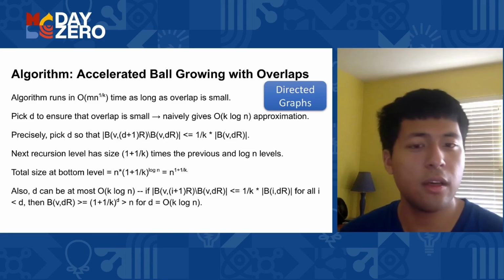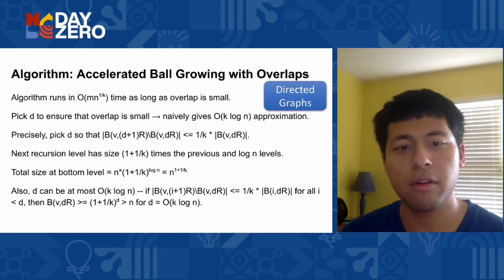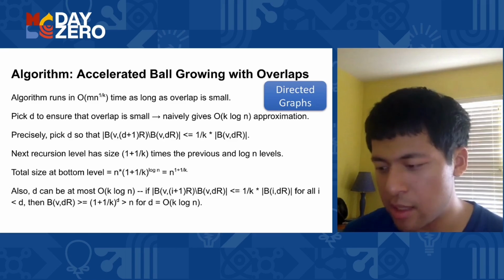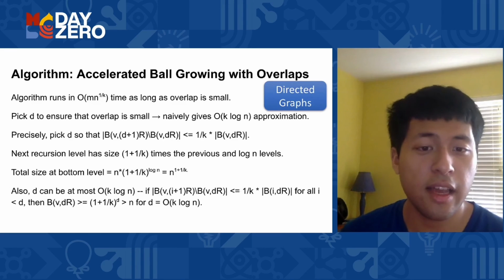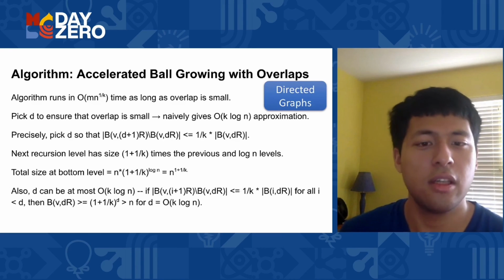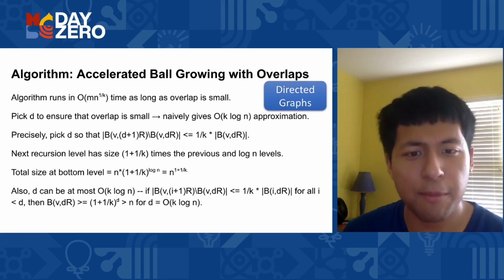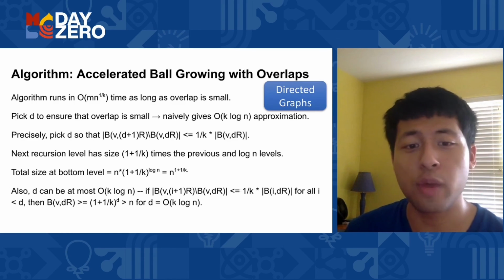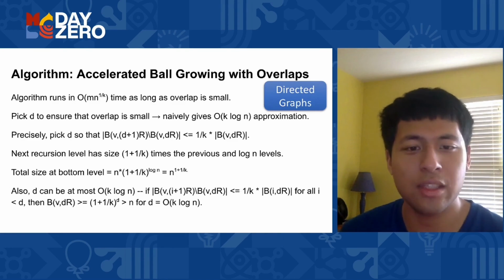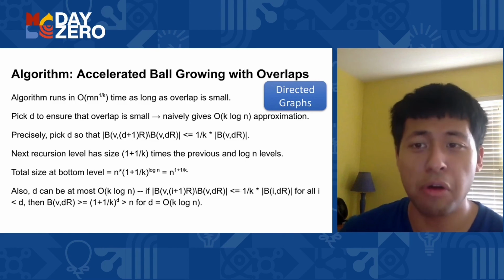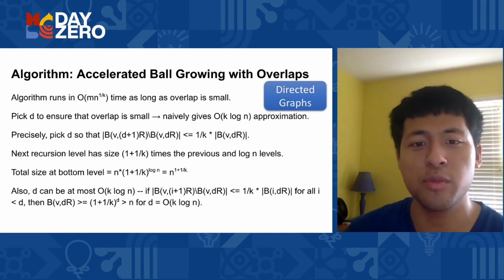And finally, to get the quality bound, if every single level grew by size 1 plus 1 over k, then in k log n levels, the size of the ball will be greater than n because 1 plus 1 over k to the k log n is greater than n. So the ball growing procedure can last at most k log n levels, which gives our bound.